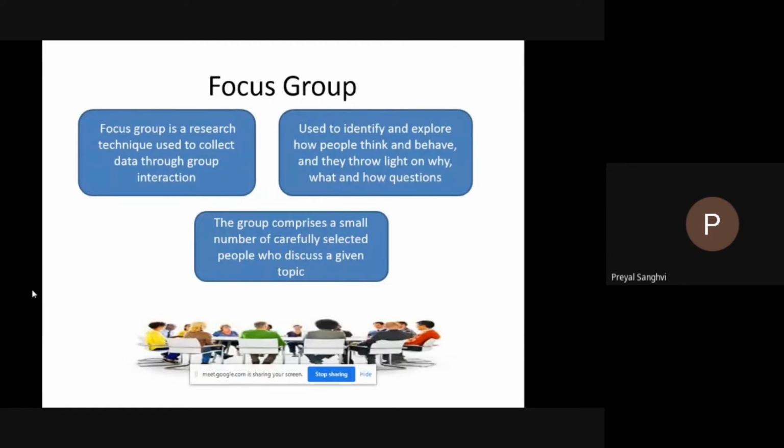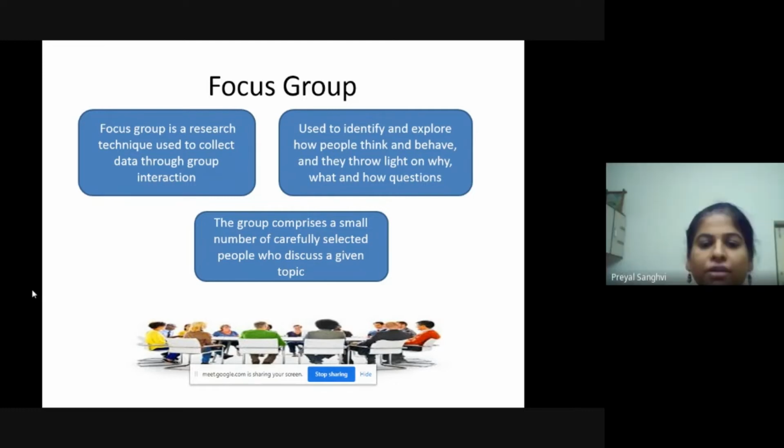Maybe they can conduct a third focus group where the discussion is among people who prefer to read the Gujarati newspaper and don't prefer to read the English newspaper. Based upon the discussion, the researcher is able to understand why people prefer the Gujarati newspaper and the reason behind why they don't prefer to read the English newspaper.